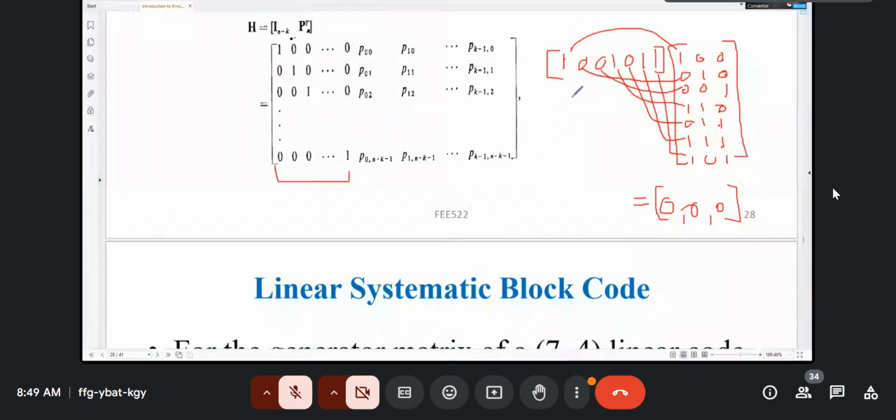When you multiply this code word with H transpose, we call the result the syndrome. So the syndrome of this code word is this one.